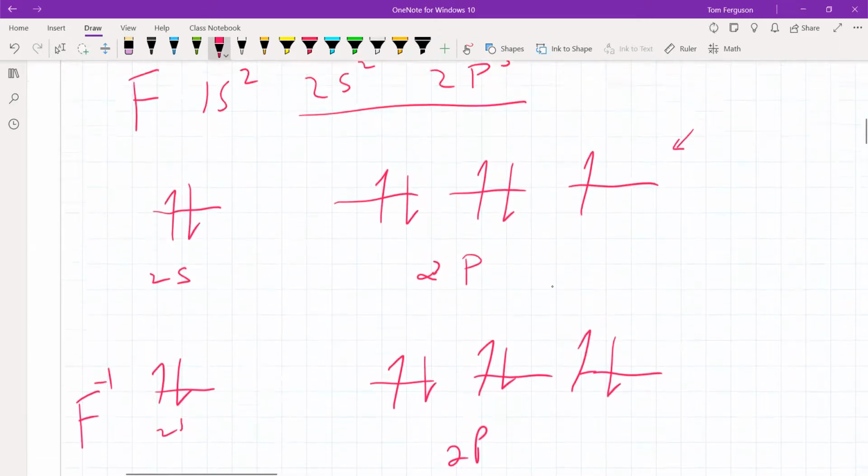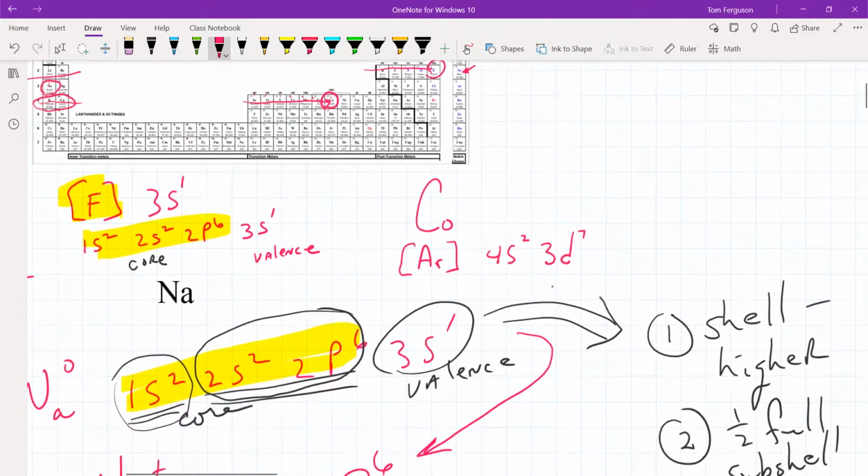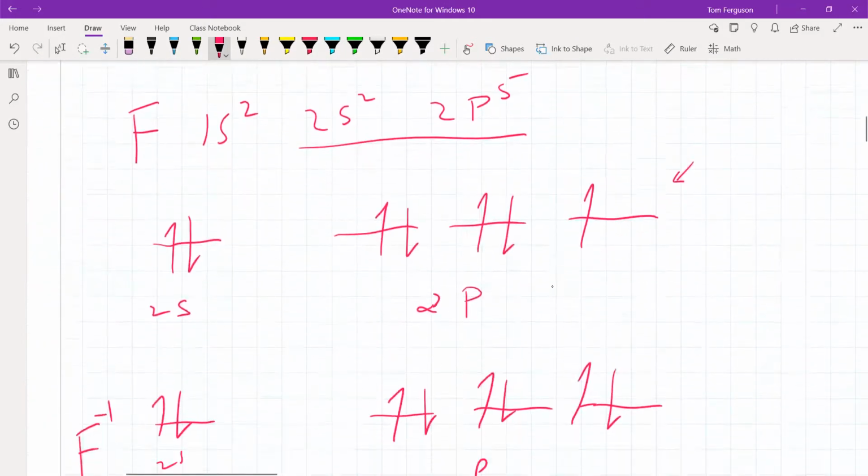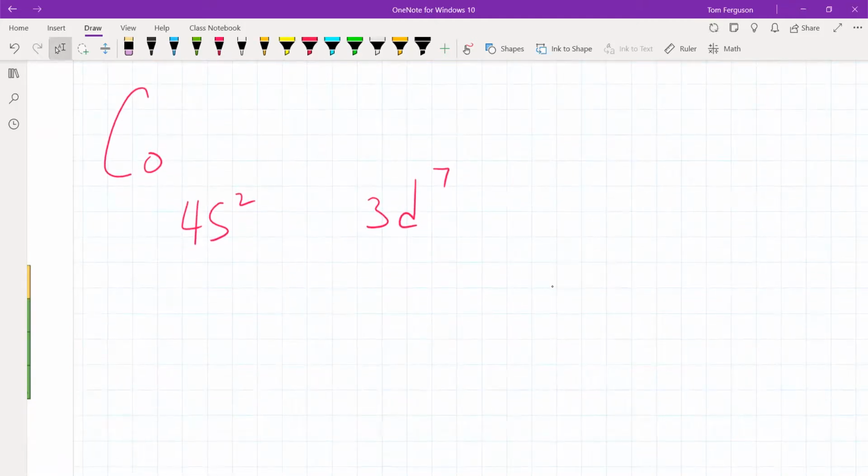It's going to be two 4s's, 1, 2, 3, 4, 5, 6, 7 3Ds. Just like here. Let's look at the orbitals. 2 S's, 7 Ds.